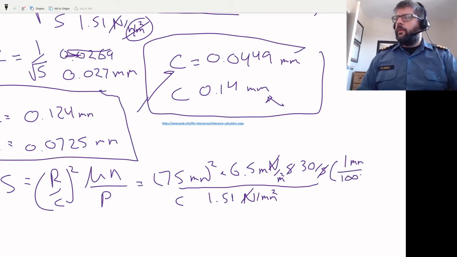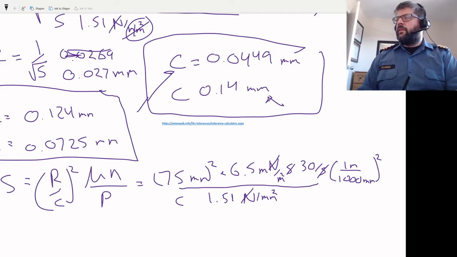Oh wait, no, other way around. 1 meter per 1,000 millimeters. Square that.